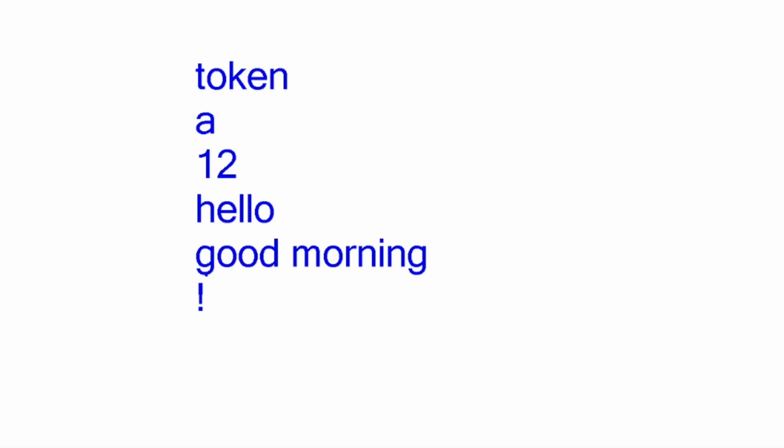Now if you observe here, we have a white space in between good and morning. This white space is nothing but a token. And in good morning we have two words, one is good and one is morning.